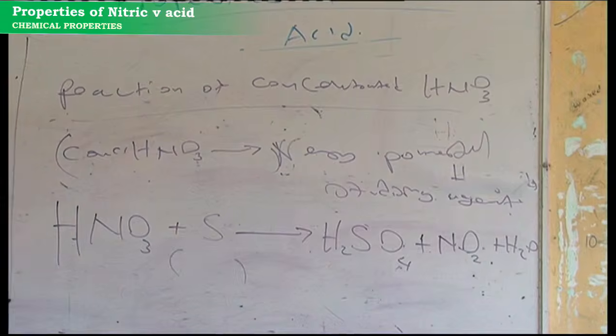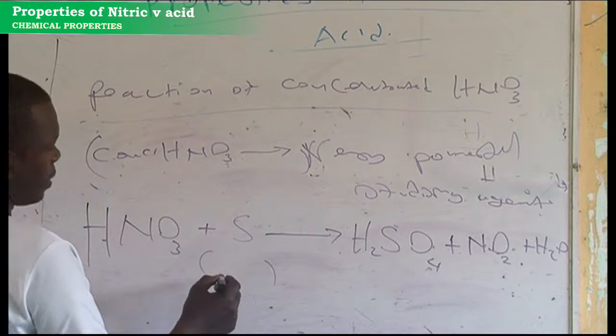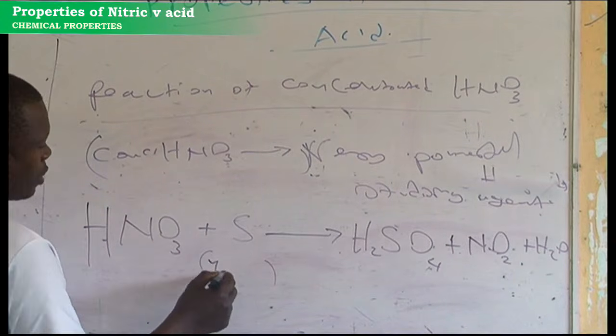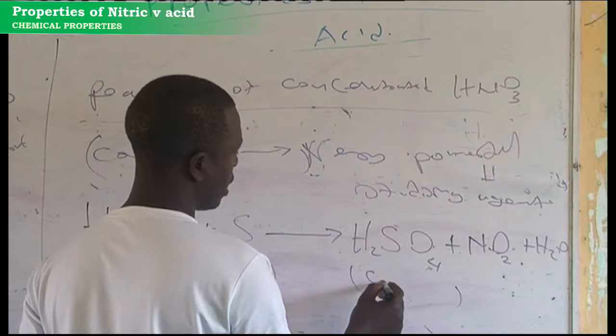An observation here: sulfur is a yellow solid, while sulfuric acid is a colorless solution.